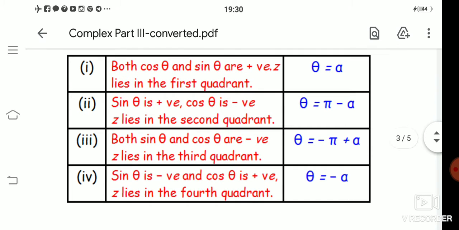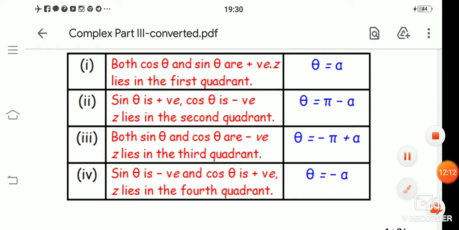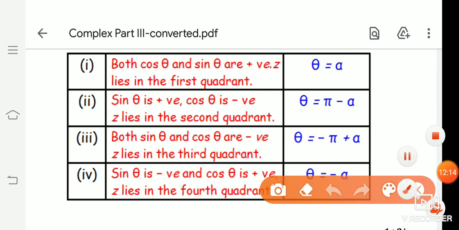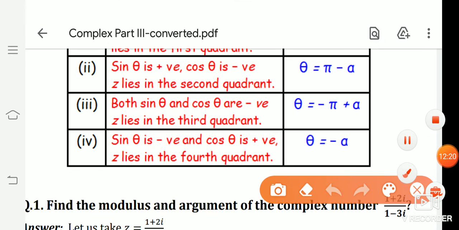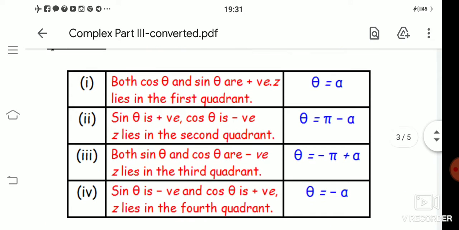Okay, and last but not the least, if sin theta, that means the imaginary part, is negative and cos theta is positive, then z lies in the fourth quadrant, and in this case the argument will be theta equal to minus alpha. Please write down this table.